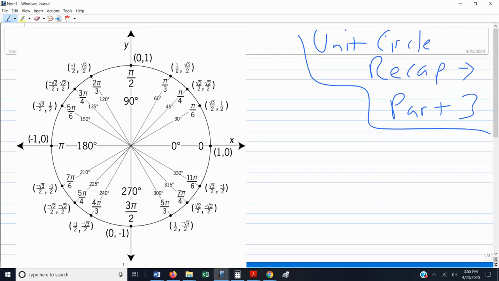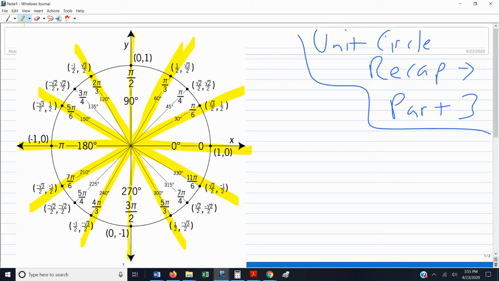And what I want you to see on this unit circle is that when we went around by 30 degrees, we were able to get every single branch of the unit circle except for those middle branches. And when I say middle branches, I'm talking about these.